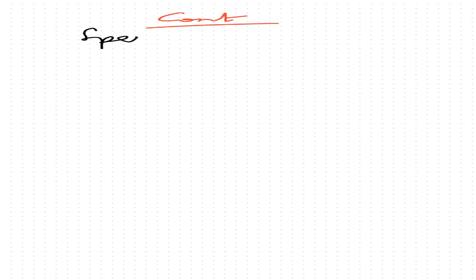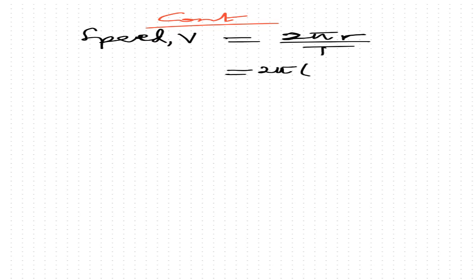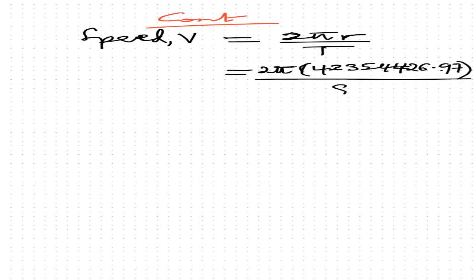Speed V is 2 pi r over T. And this is 2 pi, the r is what we have got in there, all over 86,400.